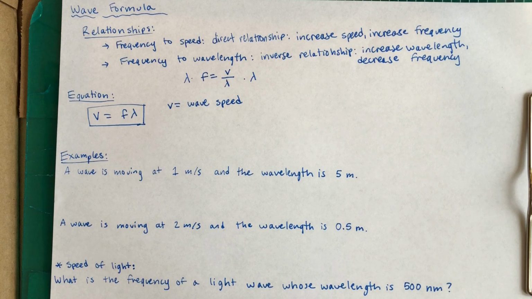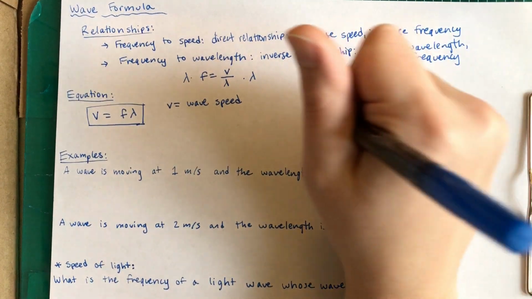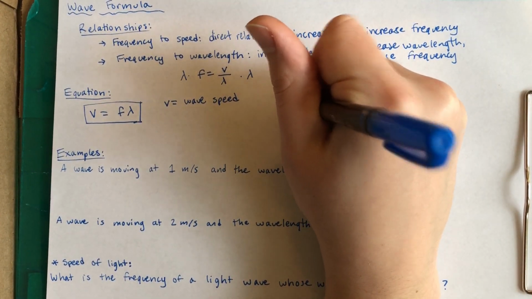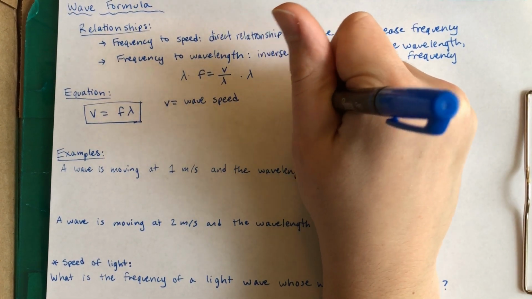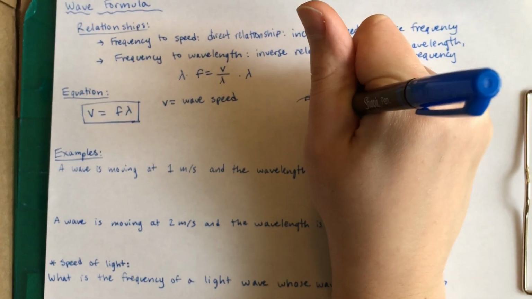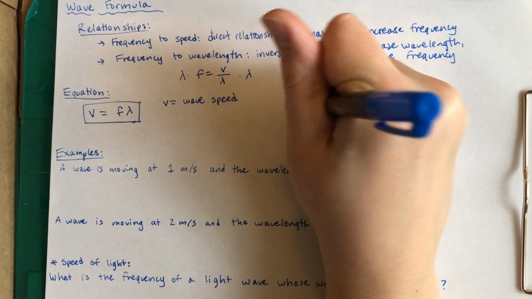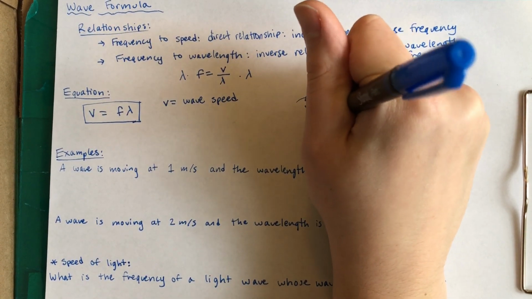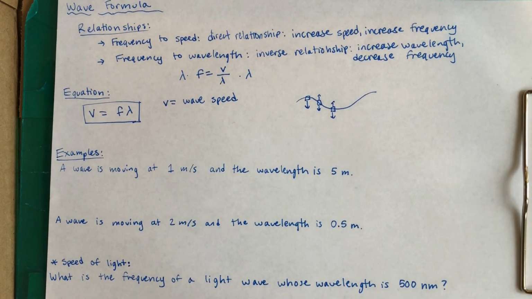And it's important to realize that this is not necessarily the speed of the individual particles that the wave is moving through. In the simulation that you did, there were those little green squares that move up and down. At any given time those might have a different speed moving up and down, but that's not the speed that we're talking about.